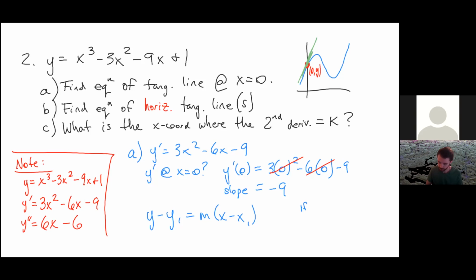Well, if x1 equals 0, then y1 equals what I get just plugging my x value into that equation. So y equals 0 cubed minus 3 times 0 squared minus 9 times 0 plus 1. So that just equals 1.